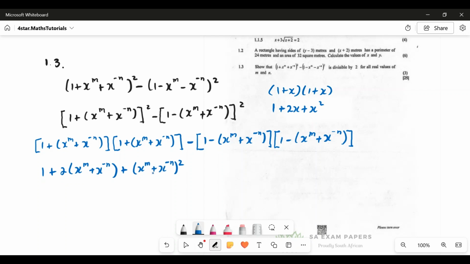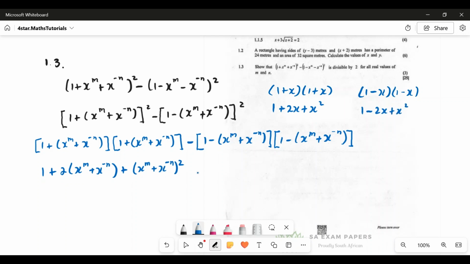When I multiply this, if we check here, it's also a perfect square, but here our sign is negative. So it's the same as having 1 minus 2x plus x squared.